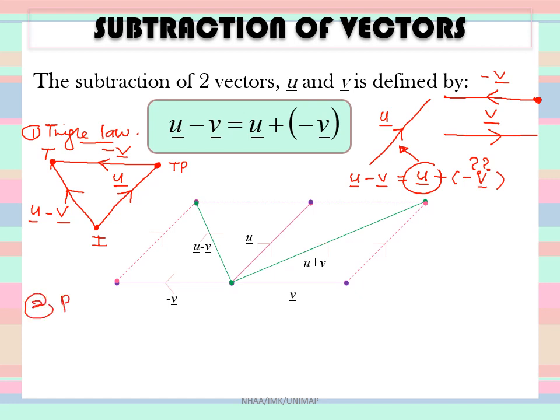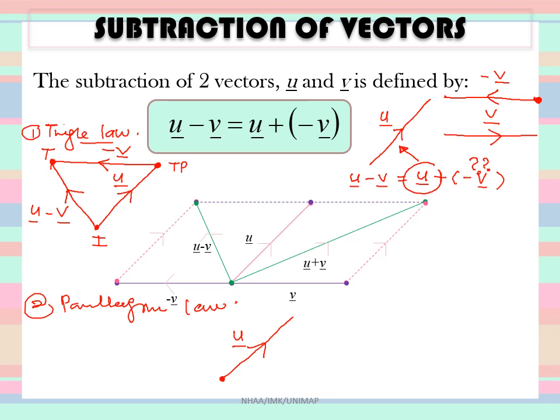If we use the second law, the parallelogram law, we will always start with the first vector, which is this. There is your u. For the parallelogram, it always connects the initial point of the first vector with the initial point of the second vector.